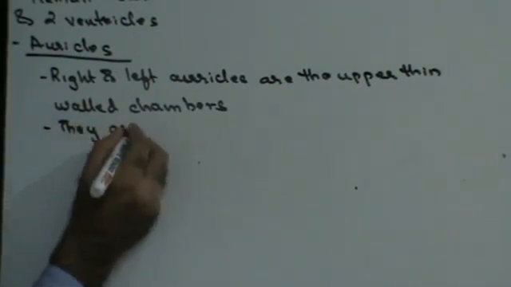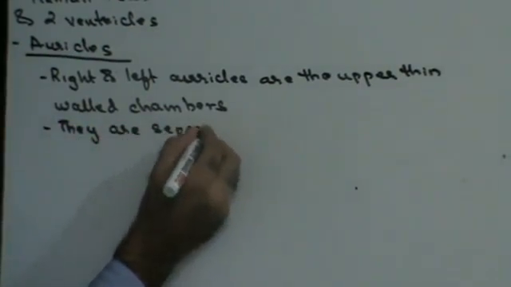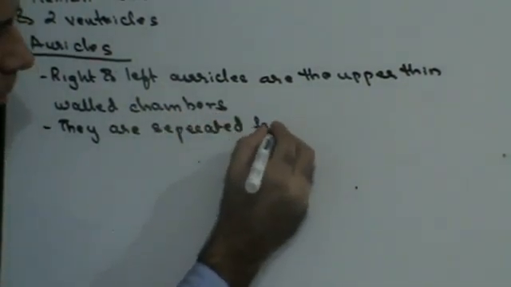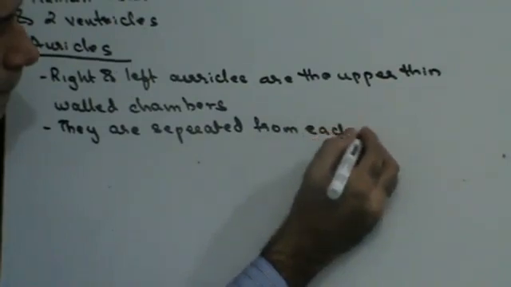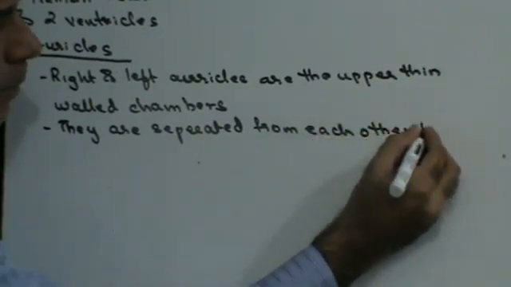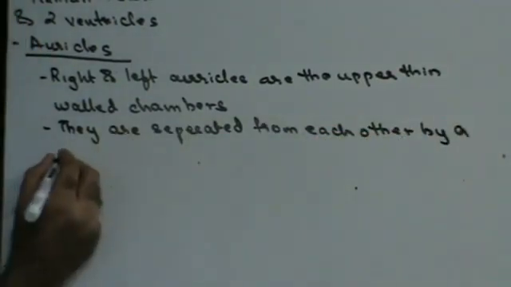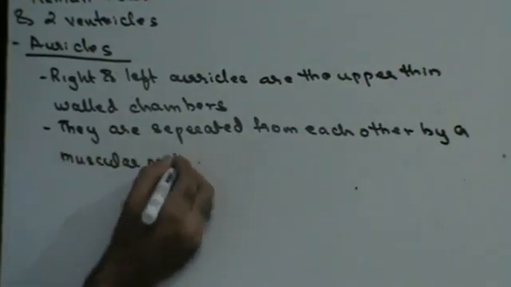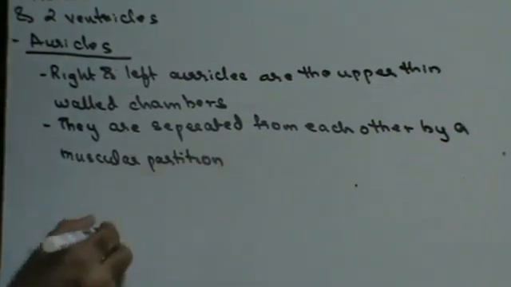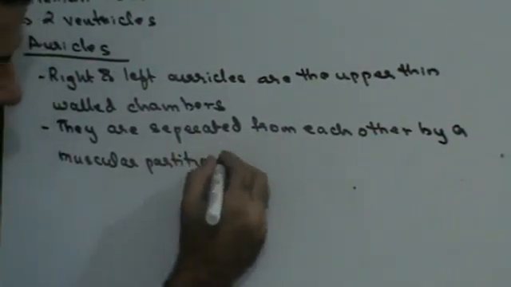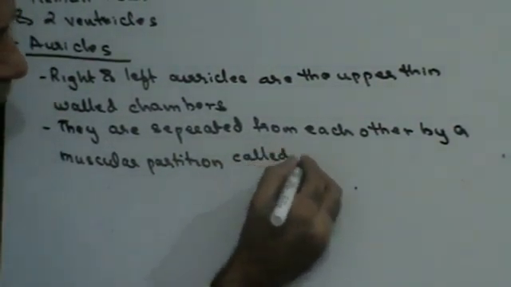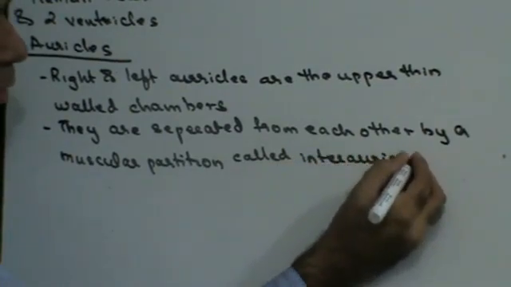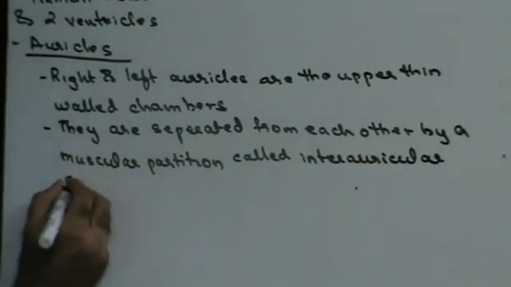They are separated from each other by a muscular partition called the interauricular septum.